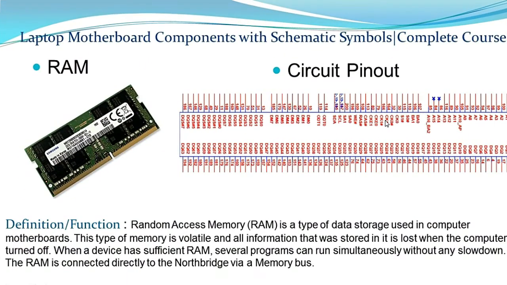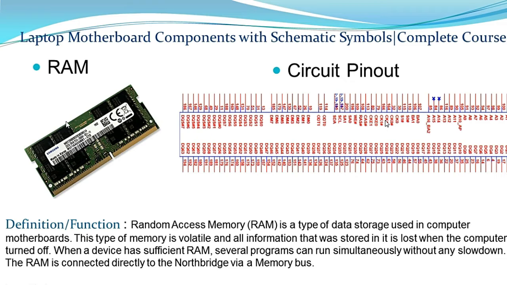Then we have the RAM or random access memory. Of course, this also is one of the most important components. Why? Because without this chip or RAM, nothing will be displayed on the screen. Without RAM, nothing will be displayed.